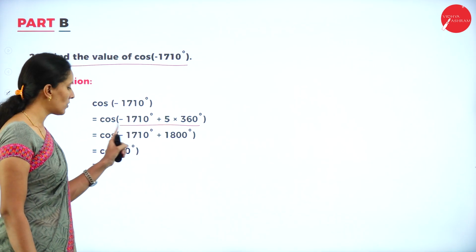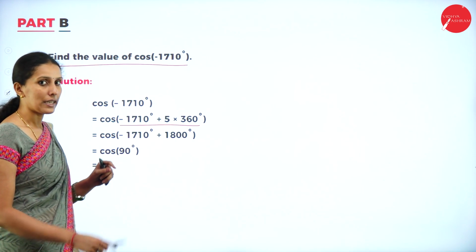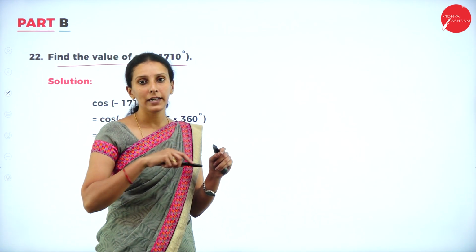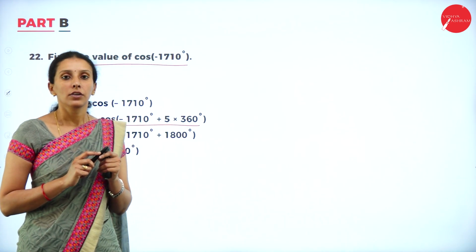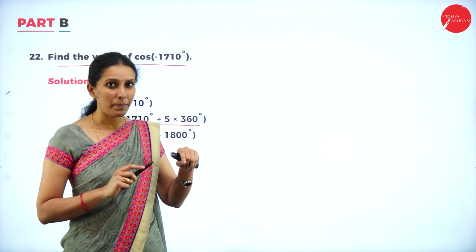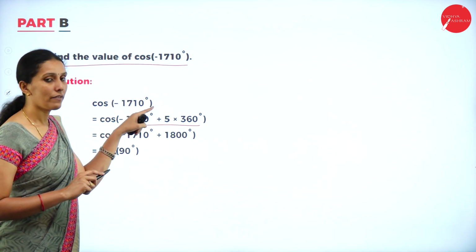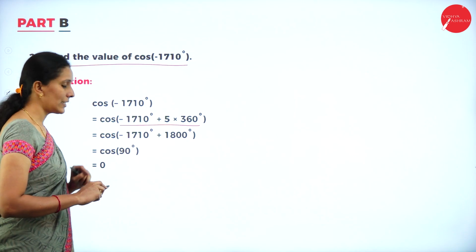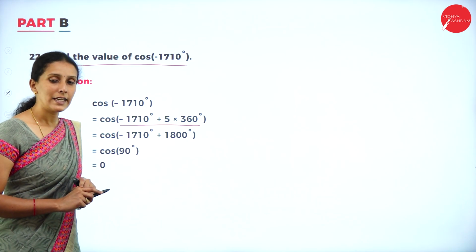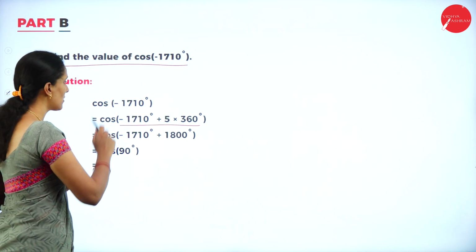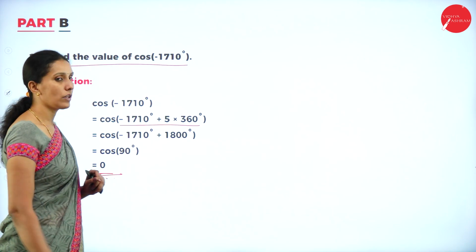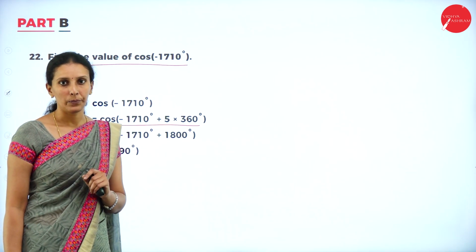When you add these two, you will get the value of cos 90, since after one full rotation the value of cos repeats. Cos minus 1710 is nothing but cos 90 degree. What is the value of cos 90 degree? It is 0. Hence, the value of cos minus 1710 degree is also 0.